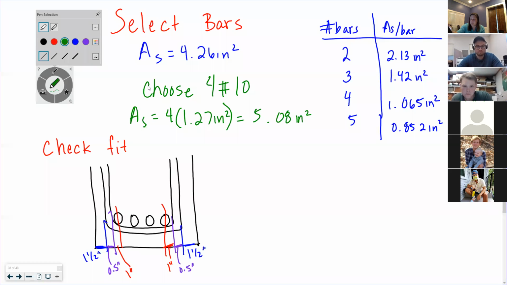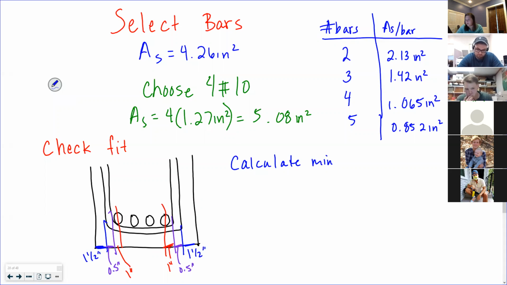And then we have 3 spaces and 3 bars. So you can calculate a minimum width.